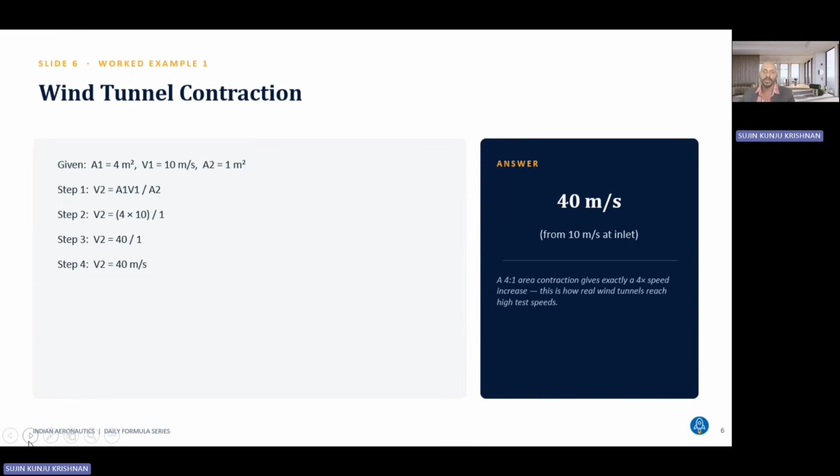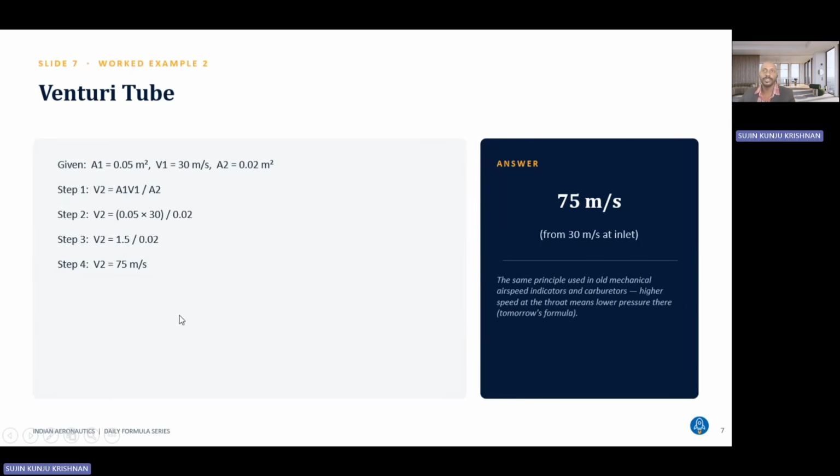Now let's see the second worked example, a Venturi tube. A Venturi tube has an inlet area of 0.05 square meters, with air entering at 30 meters per second, narrowing to a throat area of 0.02 square meters. To find the throat velocity, same formula, V2 equals A1 V1 divided by A2.